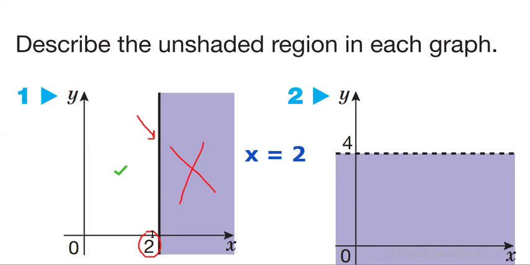Now, after you write the equation of the line, you have to look at the regions that you have. As we said, the shaded region is unwanted. Now, the unshaded region is the region that they want. This means we have to describe this region. First, we take a look at one of the points on the region, for example, this point here. The x of this point is what?